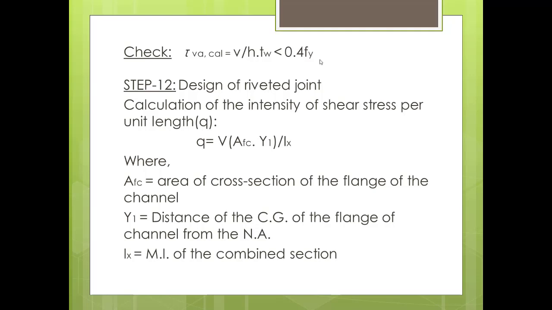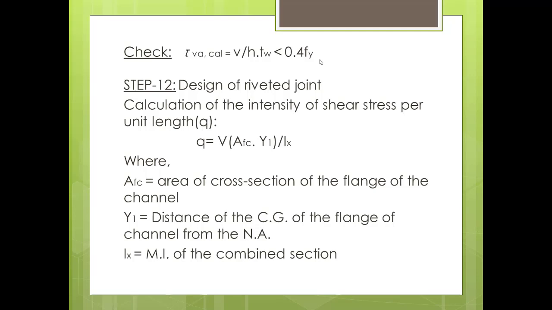Now coming to the last step, that is the design of riveted joint. We have to place the rivets in such a way that we calculate the intensity of shear stress per unit length. You can do this step also, or you can do it in another way, but I have done it in this way.